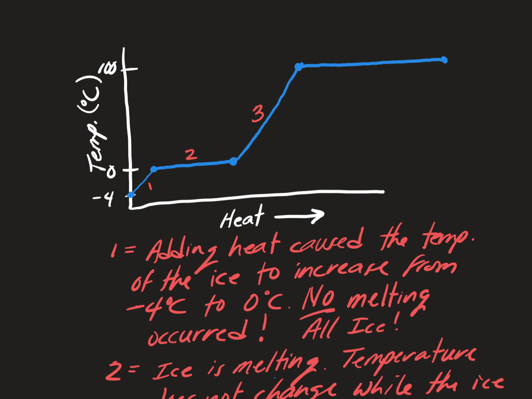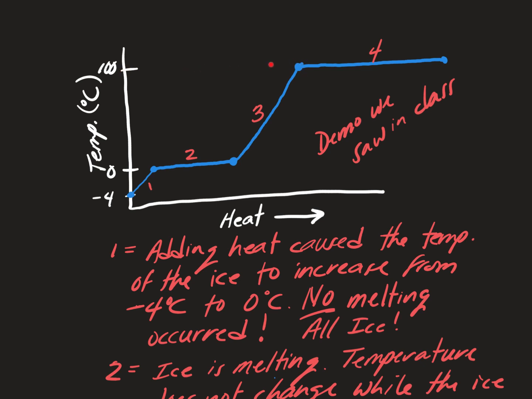Okay? I'm going to call that part 4 of our graph. This was the demonstration in class, all right? And as we were adding heat energy, you might remember seeing the water boil once we hit the boiling point.